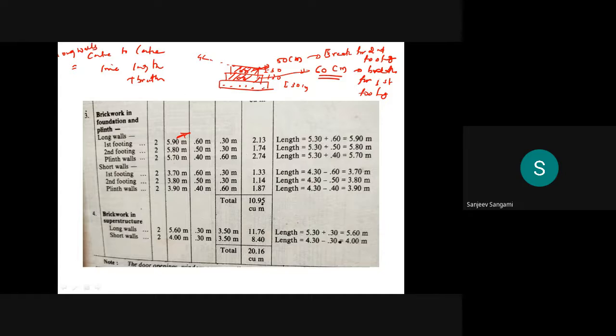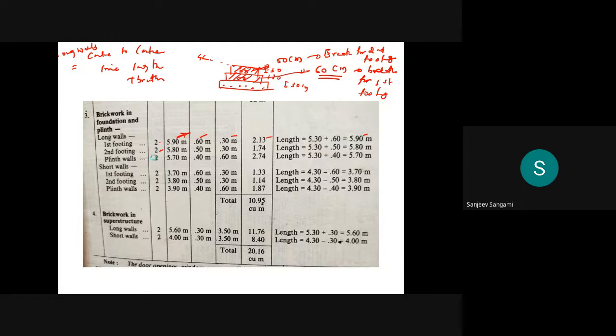So 5.9, how has it come? This much. Breadth you have to add it. Then the breadth is this much, height 30 centimeter. So calculate cubic feet. In the second footing, how many numbers of walls are there? Very important. 2 are there. In 2 always it will come on the other opposite side also. So 2 again.